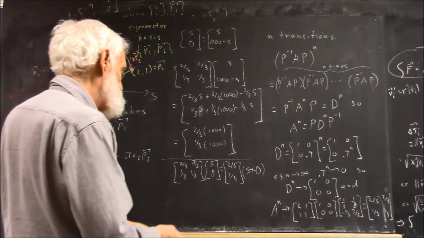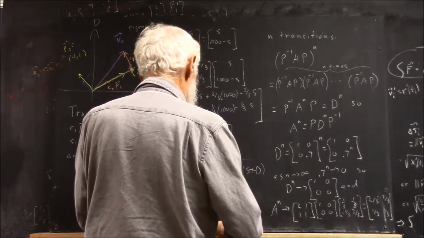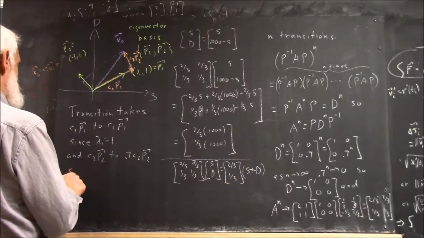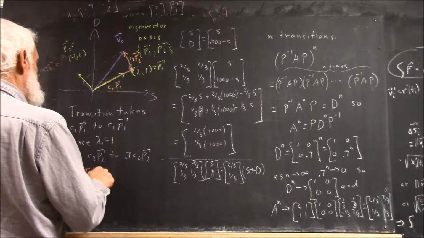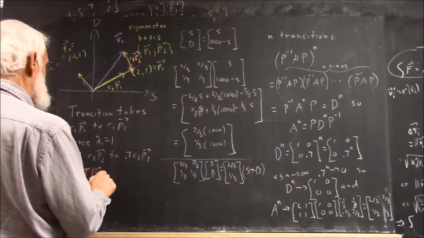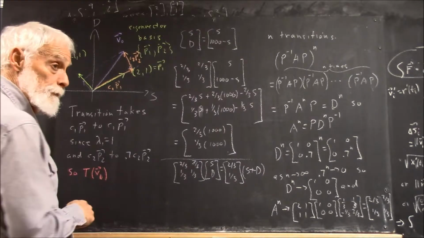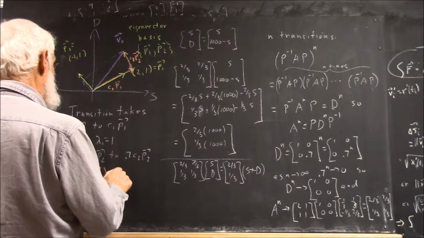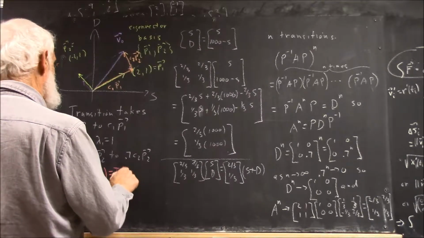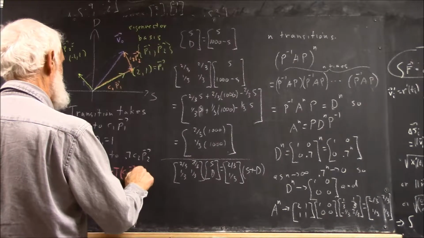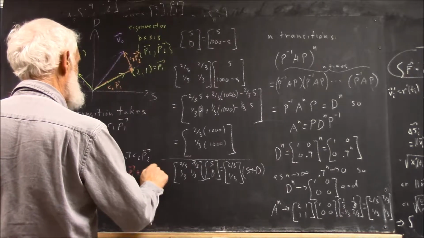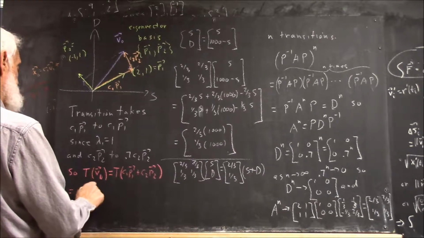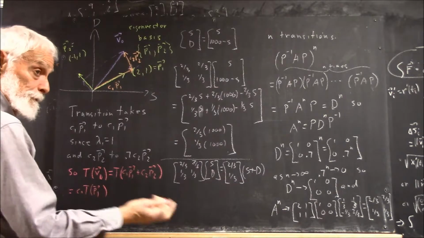So that the transition of V0 equals the transition of C1 P1 plus C2 P2, and I'll write it all out, which is C1 times the transition of P1 by linearity, right?